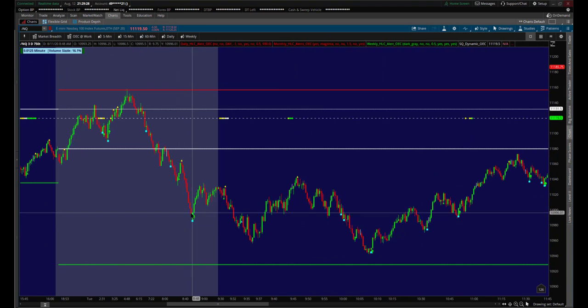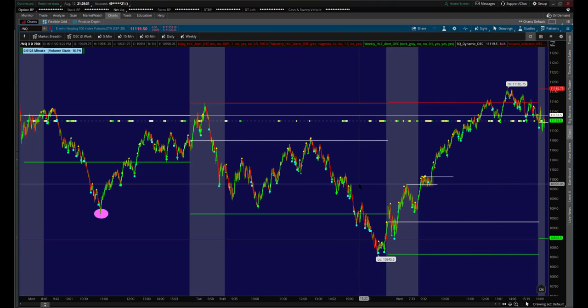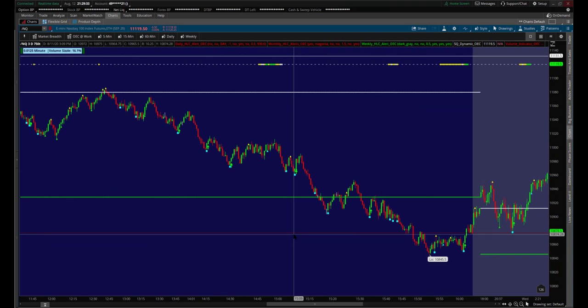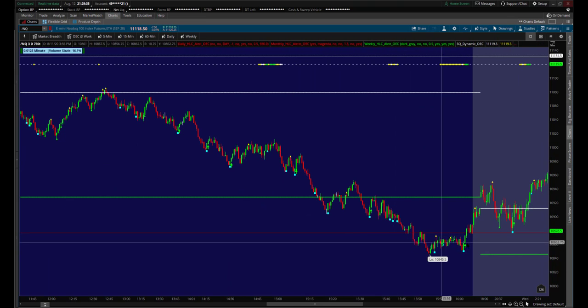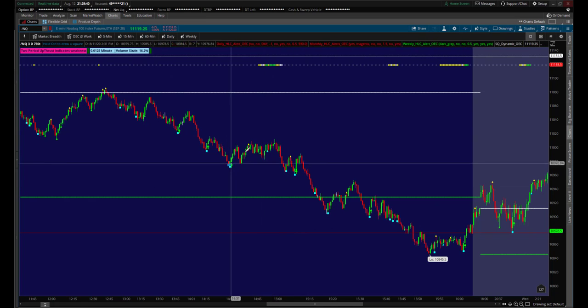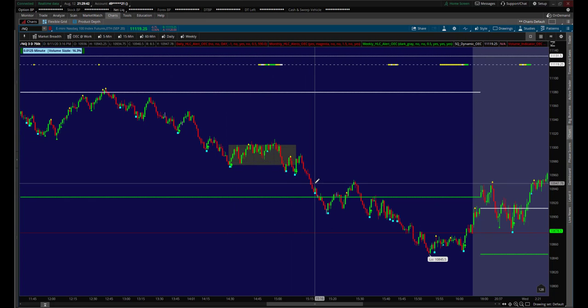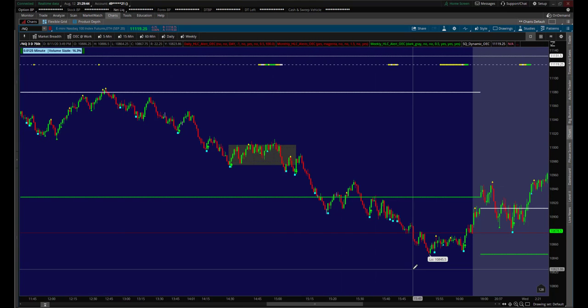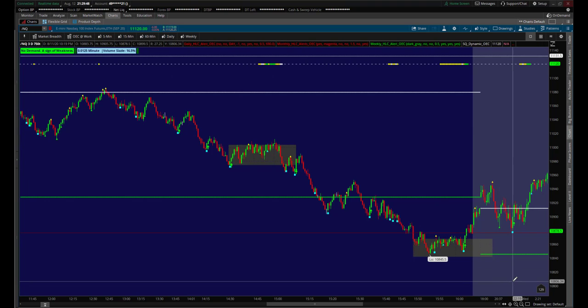We had a V shape right here, and it continued on. Notice the sideways price action here, the same thing that we had here. We went sideways, and then we broke and continued to go. Well, we went sideways here, and we didn't break and continue to go.